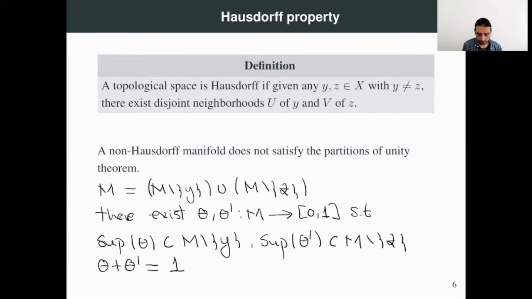But the issue is that if the support of theta is contained in M minus Y, that means in particular that theta is 0 in a neighborhood of Y. There exists U neighborhood of Y such that theta restricted to U is equal to 0.